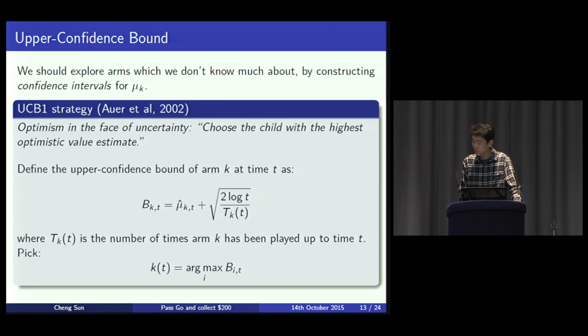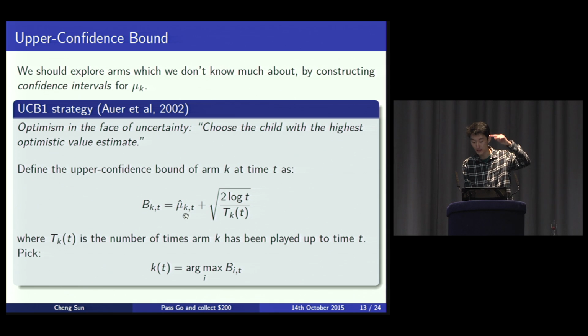So what we do here is we define a confidence interval in which we believe the actual mean, the distribution mean, lies. And then we pick the arm which has the highest upper confidence bound at every time. You can see here how I've defined the upper confidence bound.